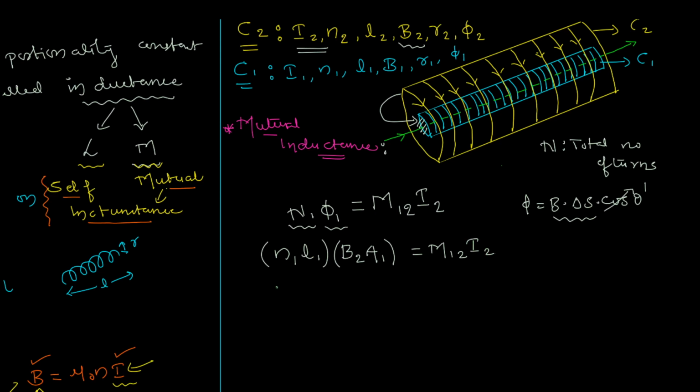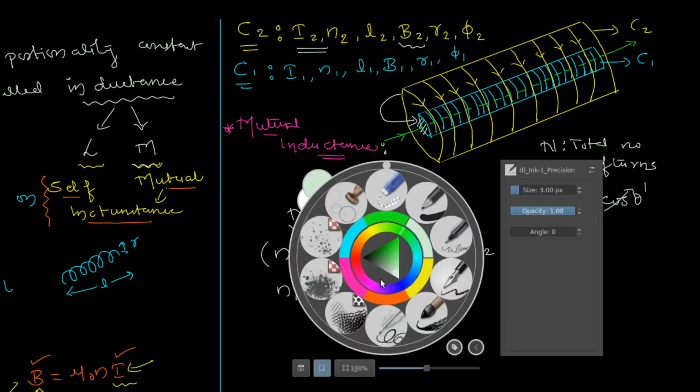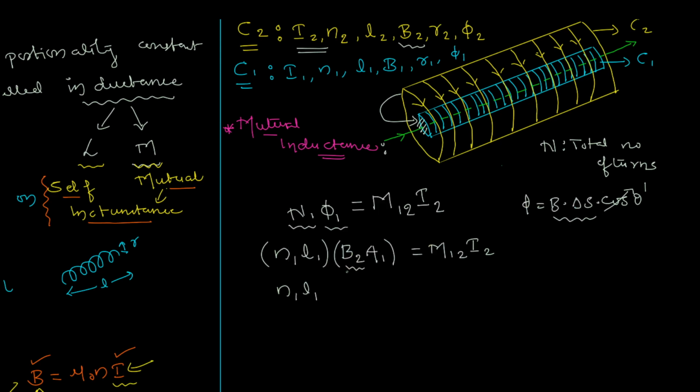So now I'll just rewrite the terms that I can't do anything about. N1, I can't really do anything about that. L1 also, I can't really do anything about that. I can maybe try and write an expression for B2. I'll use a different color for that. So the magnetic field B2, the coil C2 is once again a solenoid, right? So the magnetic field due to a solenoid, as you already know, is mu naught into the number of turns of that coil.